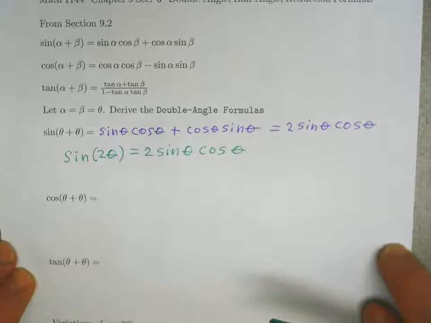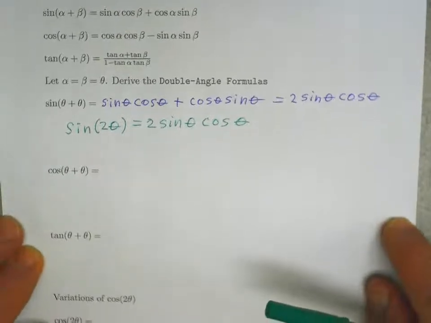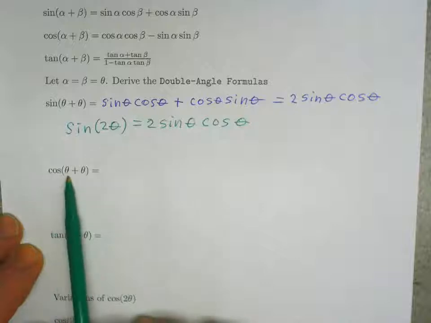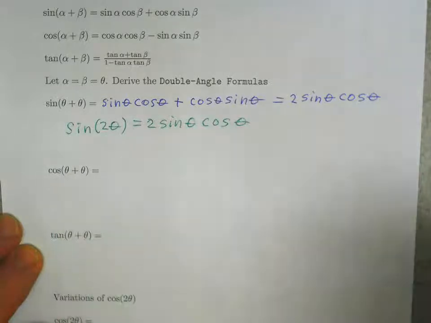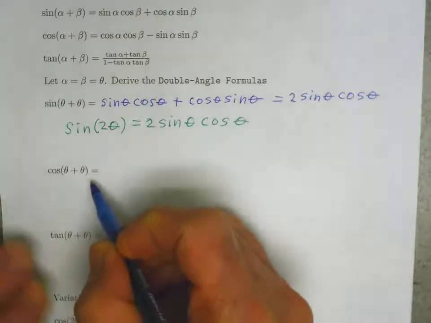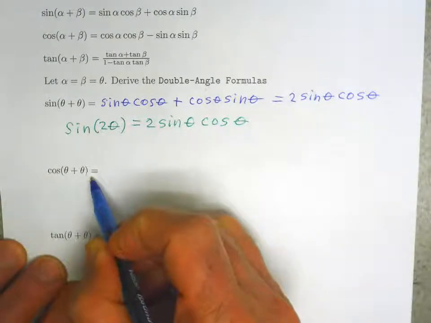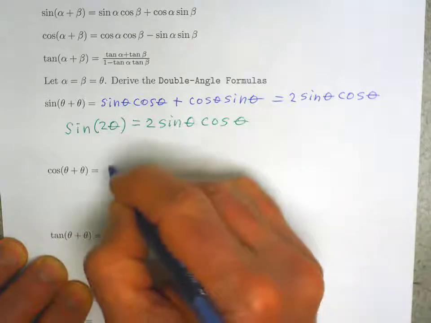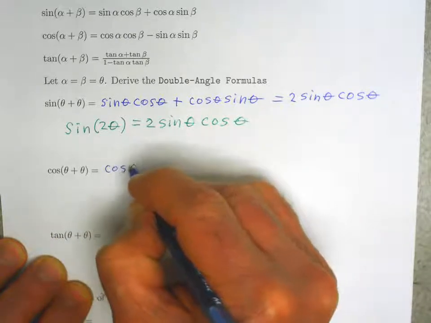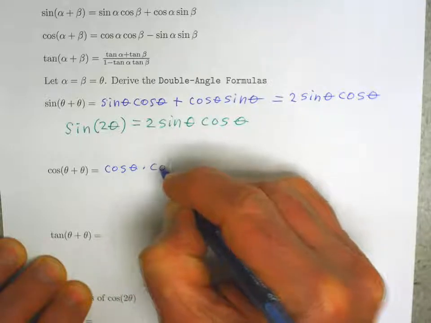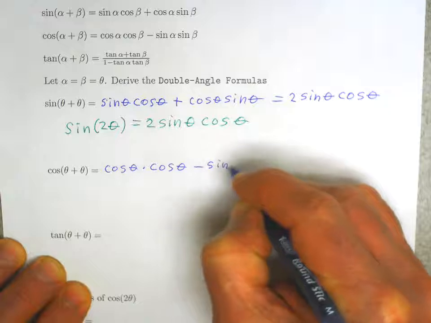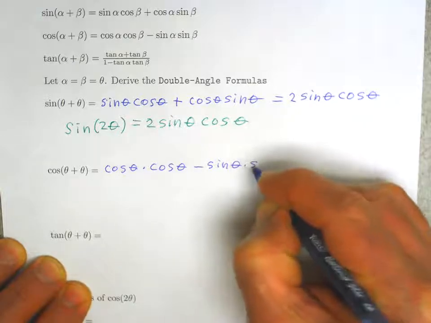Okay, we'll do a derivation of another double angle formula, cosine of theta plus theta, or cosine of 2 theta. So we just use the cosine sum formula. Cosine of theta plus theta is cosine of theta times cosine of theta minus sine of theta times sine of theta.